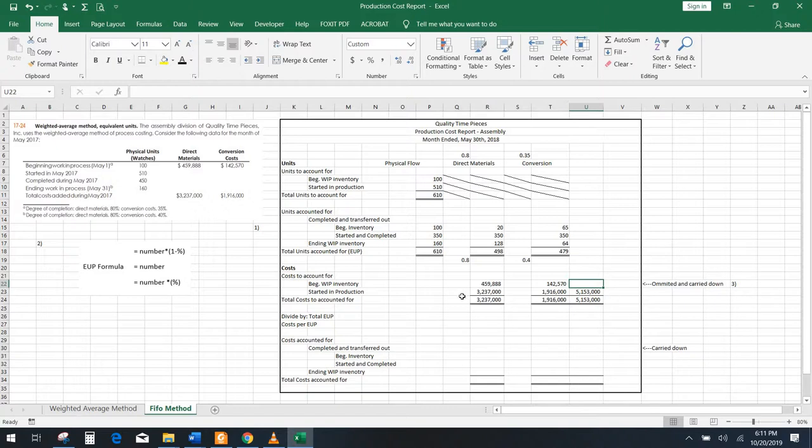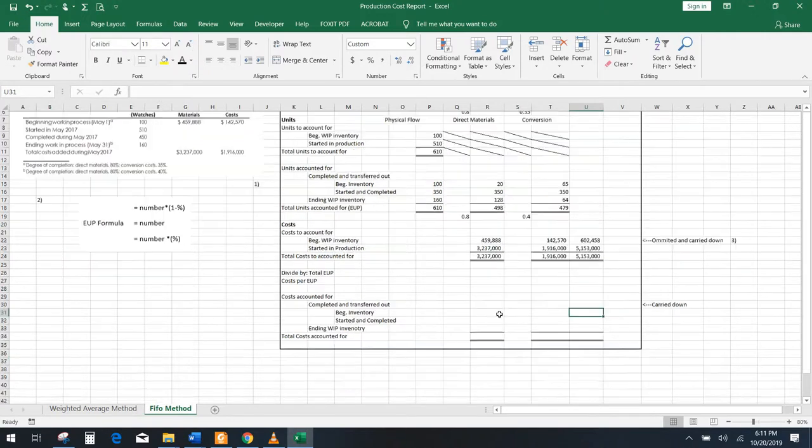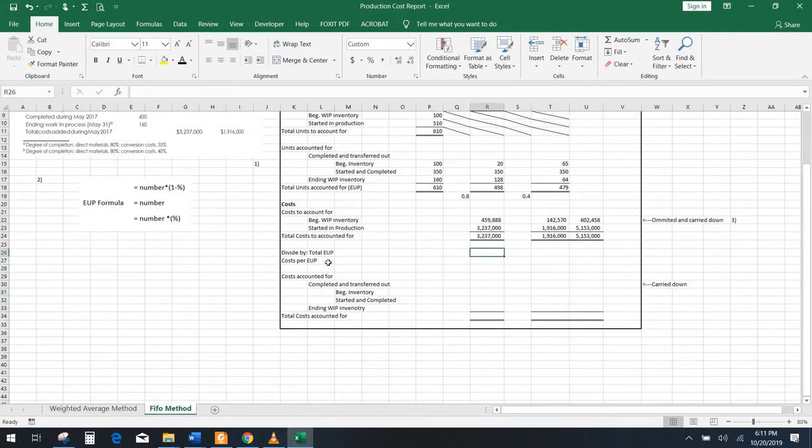So these numbers are here. Divide by total EUP. So total EUP here is 498. Total EUP here is 479. Okay. Now we're going to calculate this cost per EUP, but we're going to omit these numbers. They're omitted from the total here.